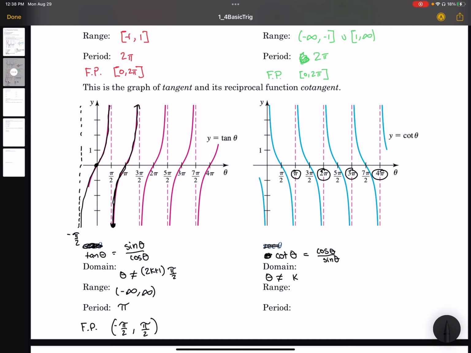So theta can't be any multiple of pi, k pi, where k is an integer. And just like tangent, the range is negative infinity to infinity. And the period, just like tangent, is pi.